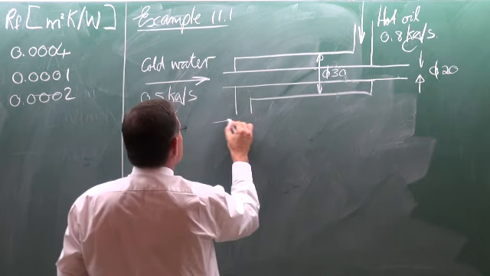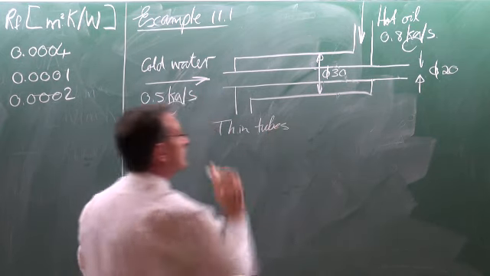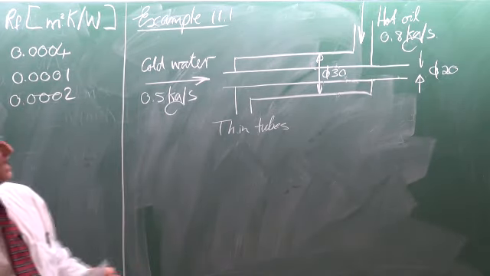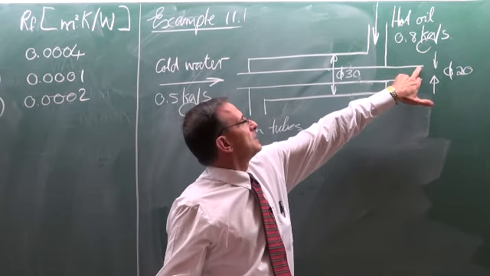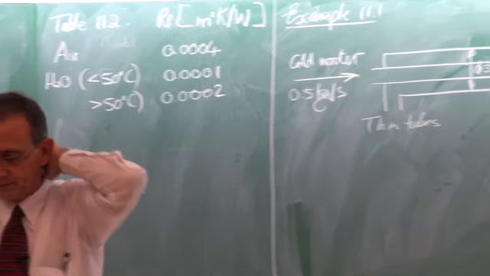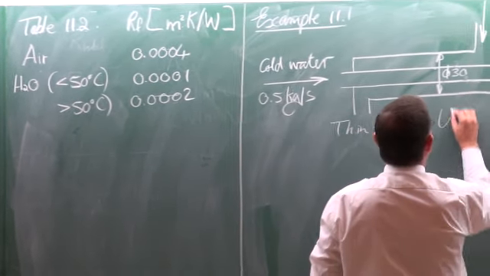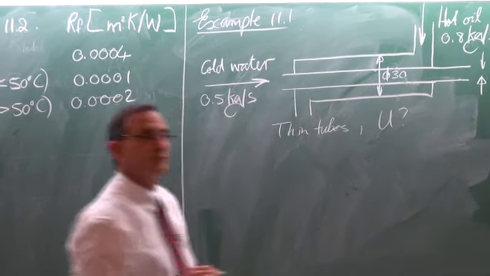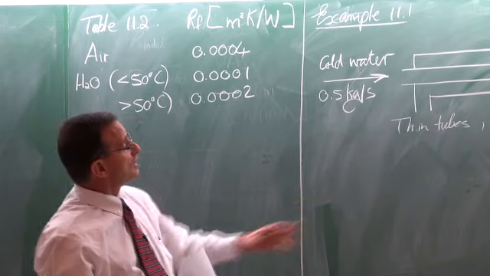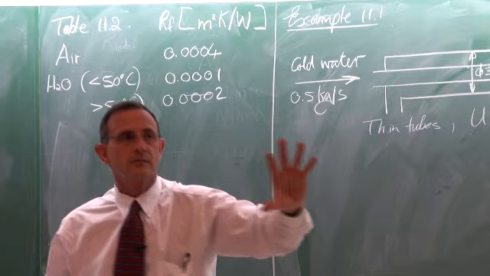And it's thin tubes, and with that we mean that the inner diameter is 20 and the outer diameter is also 20 for all practical purposes. The question is to determine the overall heat transfer coefficient. What is not given is the inlet and outlet temperatures. We will get to that later.